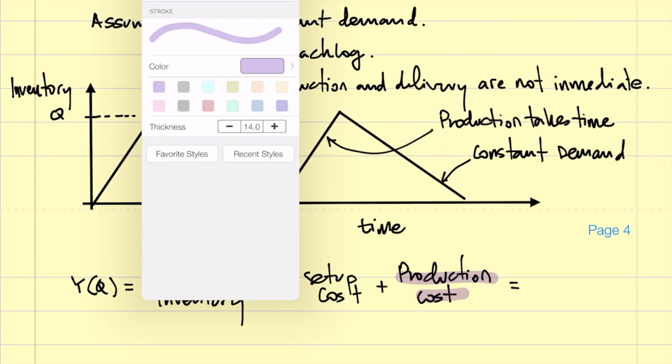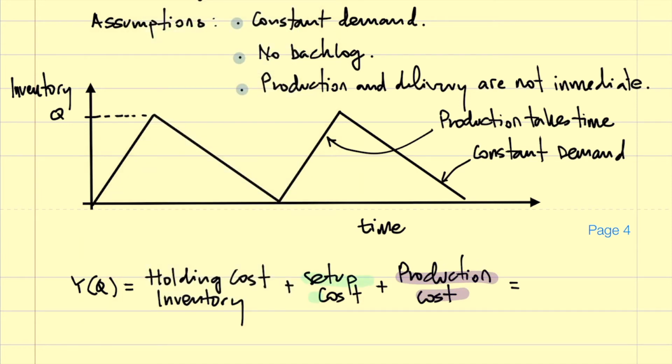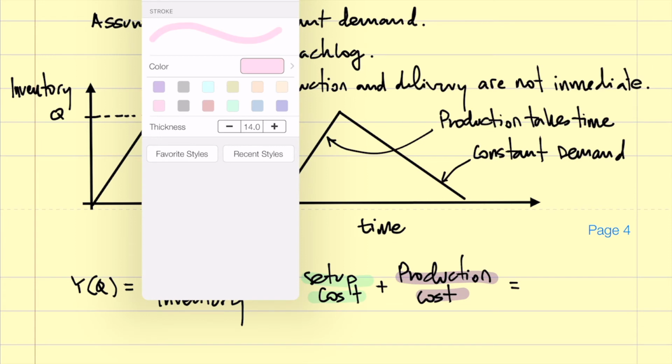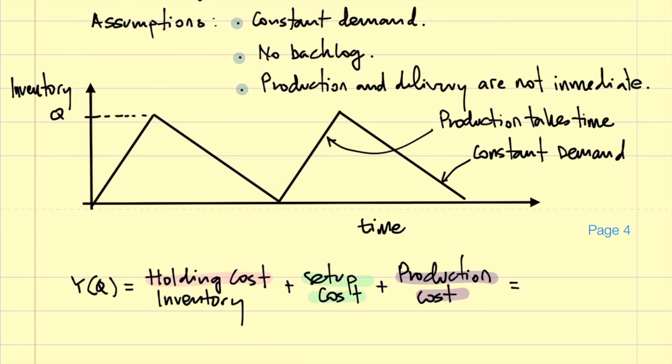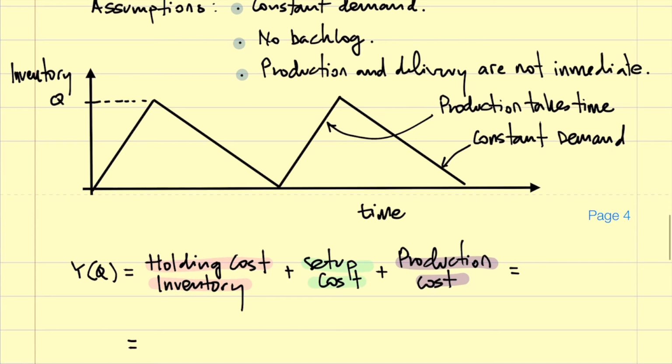And the equations are similar as before. So here we have H times Q divided by 2, but now we don't have the frequency.